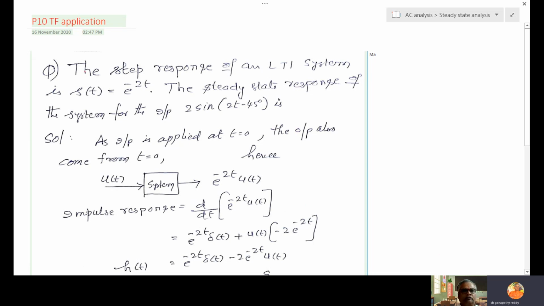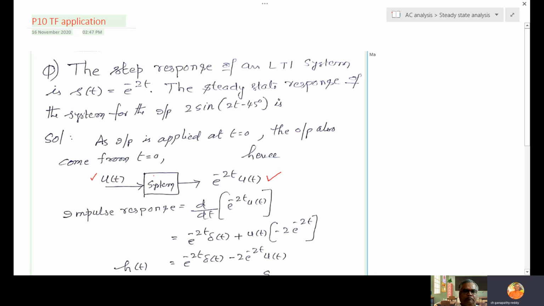This is another problem. The step response of an LTI system is S of t equal to e power minus 2t u of t. So system is given, step is given, the response e power minus 2t u of t is the step response.